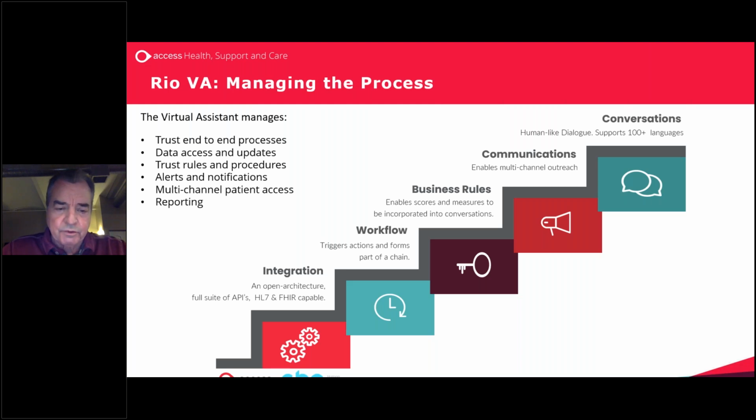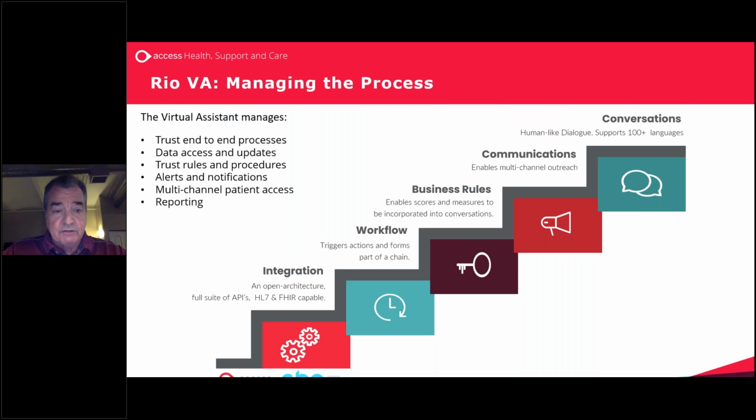How we approached the deployment within the solution itself: we're using the strength of the EBO platform in order to manage key areas such as conversation, communication, business rules, workflow, and integration into the solutions. What that provides is a true end-to-end process capability for our clients, being able to access data and update data within key business systems itself, applying trust rules and procedures in order to manage and automate as much as possible without human interface.